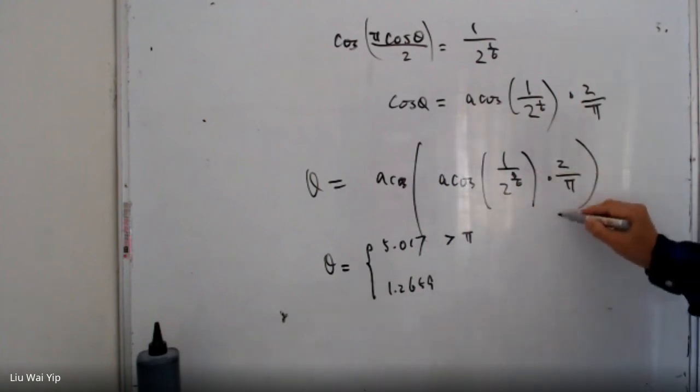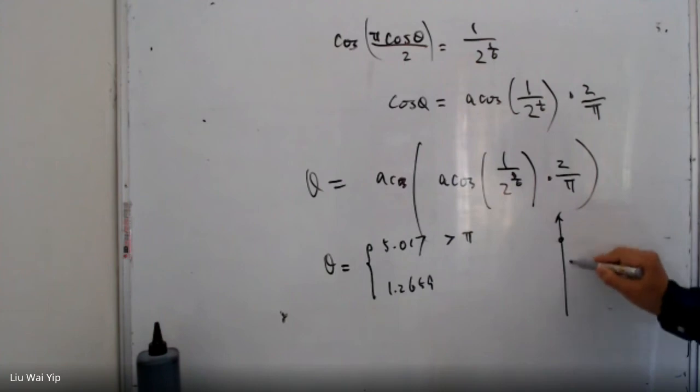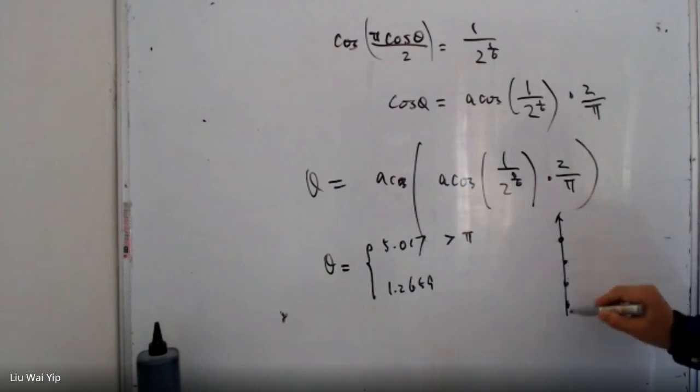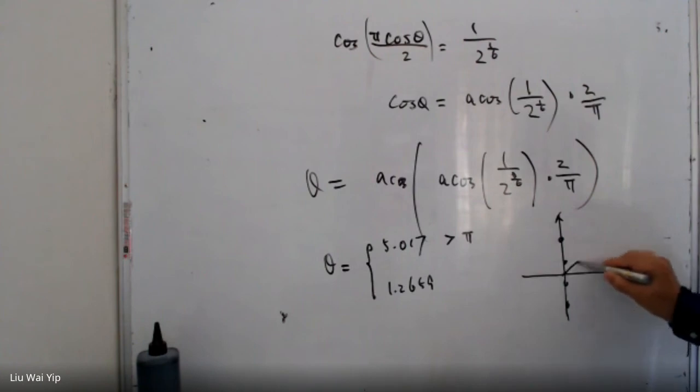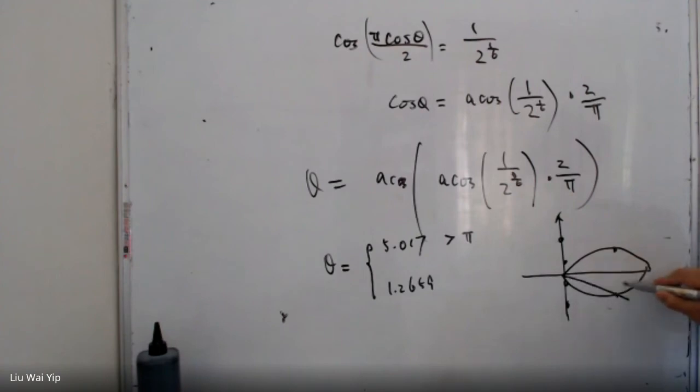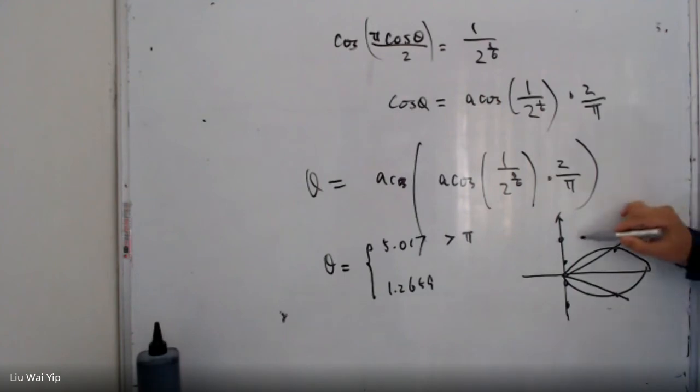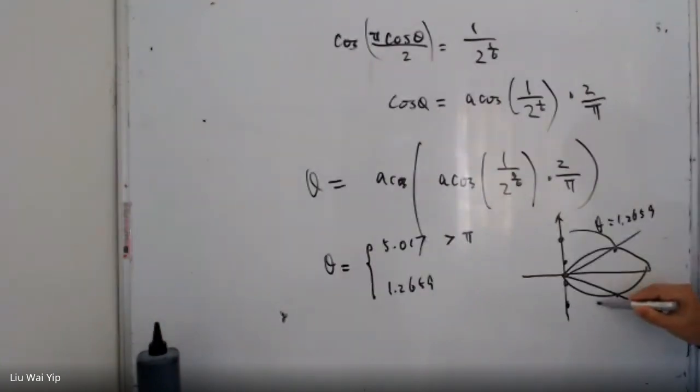And imagine we have an array like this, and the half power beamwidth is going to be somewhere in here. So if we have an angle here, 1.269, and this value is going to be the same, and the value here is going to be the half power beamwidth.